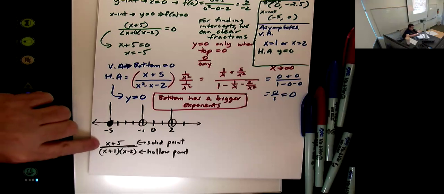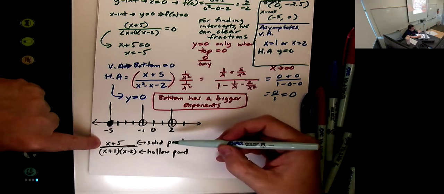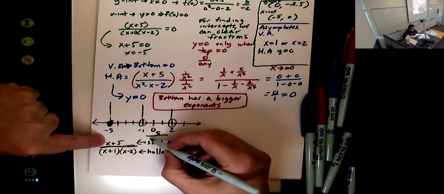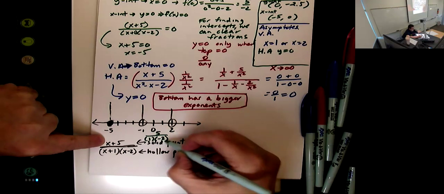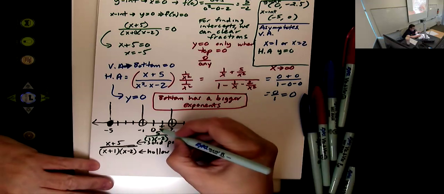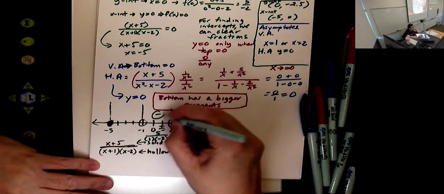If I stick in 0, 0 is always the easiest one to do. 0, I have 5 on top over 1 times -2. The x's all go away. I've got a positive over a negative. This is a negative region.